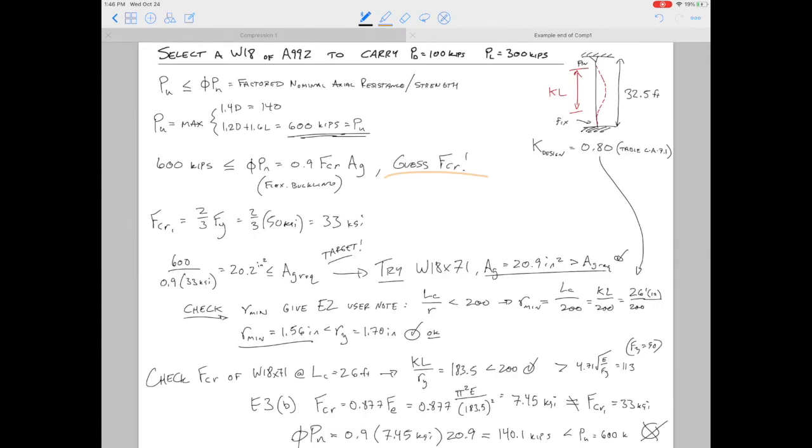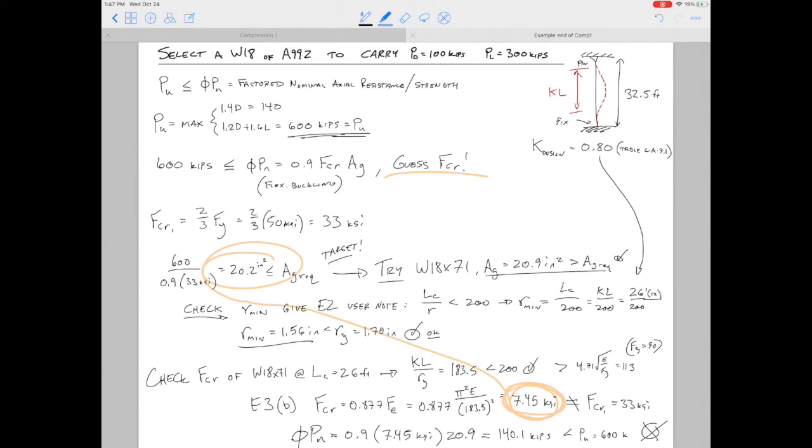Okay, so let's go and try the next one. So what do we do? Well, we said the last time that F critical was 33 KSI, and we found out from over here that when we did that, we got 20 inches squared, and then we ended up with something that had a much lower buckling stress, 7.45 KSI.